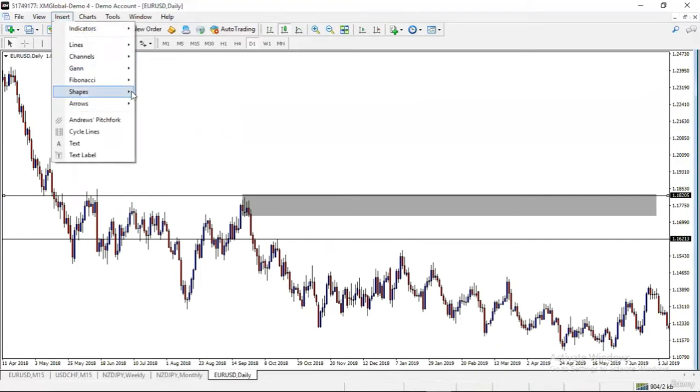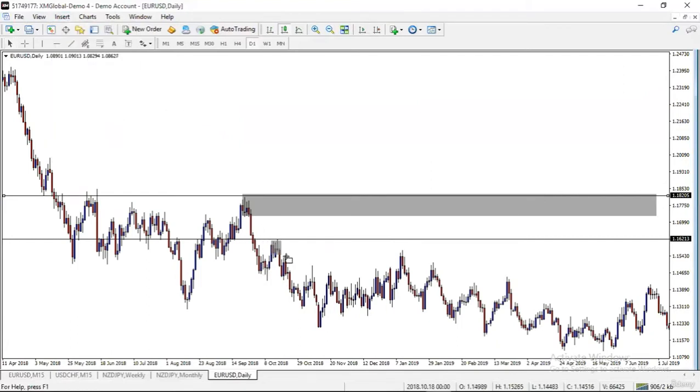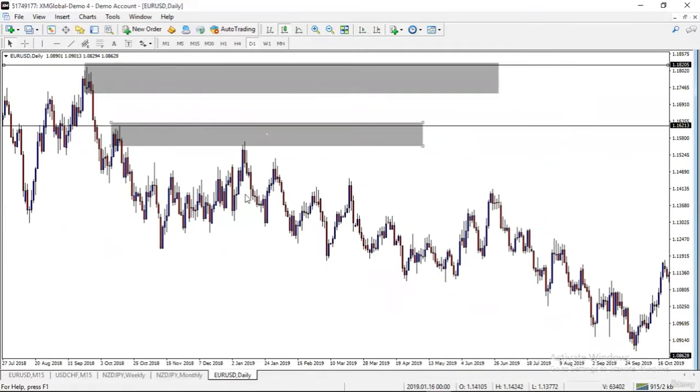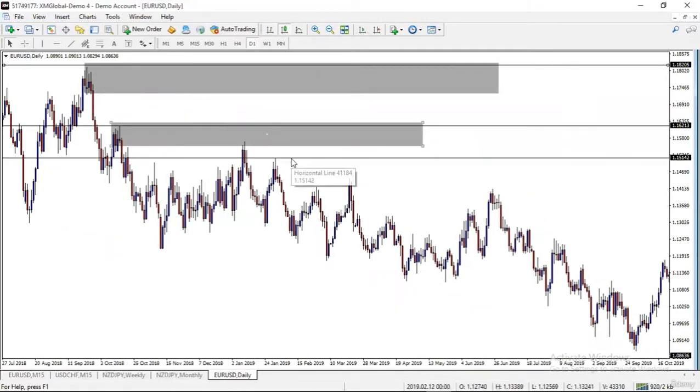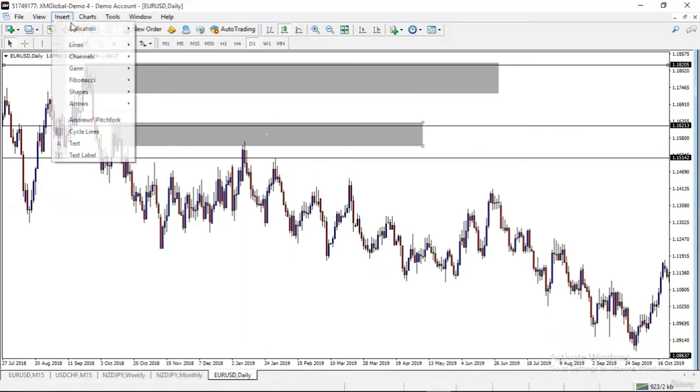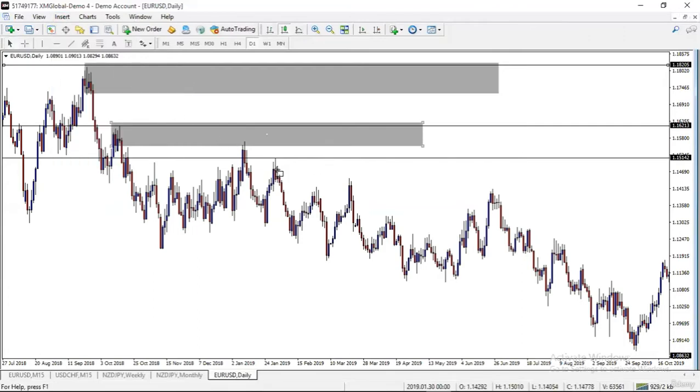But if you mark like this, you can see your rejections. You can see where price is reacting. It's reacting exactly there. There's another one. It didn't retest. Mark it like this, and you get a reaction.